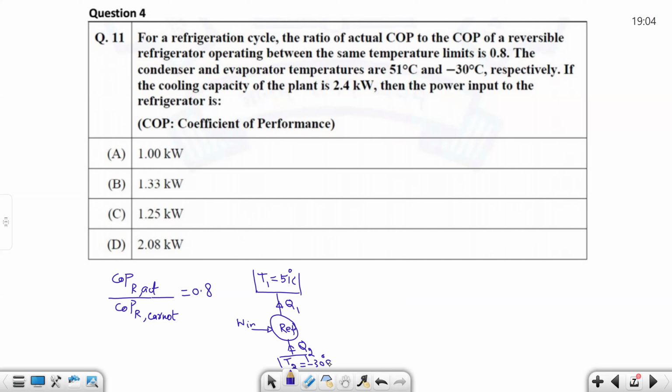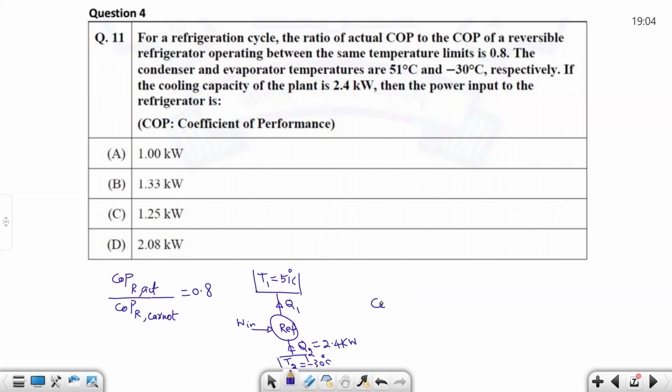Okay, so you got this. The cooling capacity of the plant is 2.4 kilowatt. Cooling capacity means Q2. Q2 is the cooling capacity, 2.4 kilowatt. Then the power input to the refrigerator.